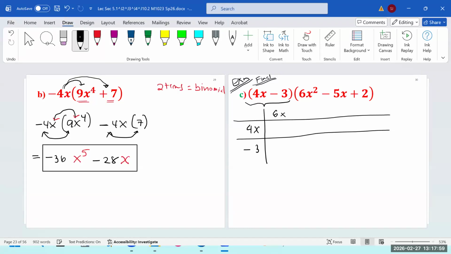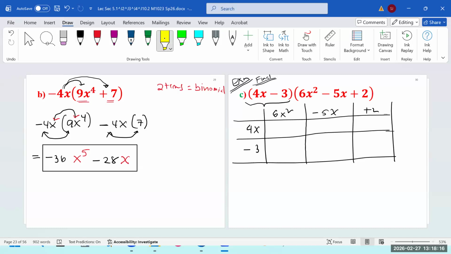So we have 6x squared minus 5x plus 2, and then you make a box for each one of them. And then you multiply them. So you take your first term here and you multiply the entire box one by one.